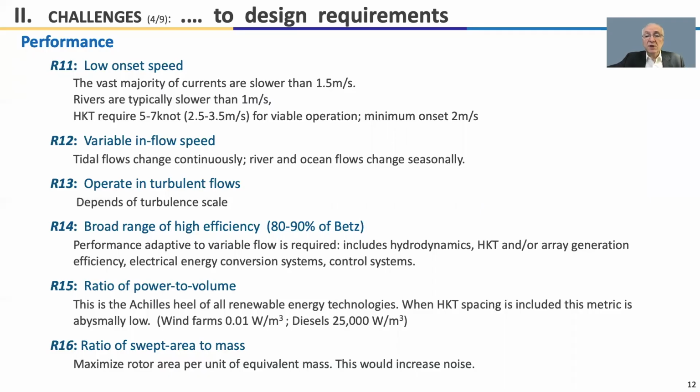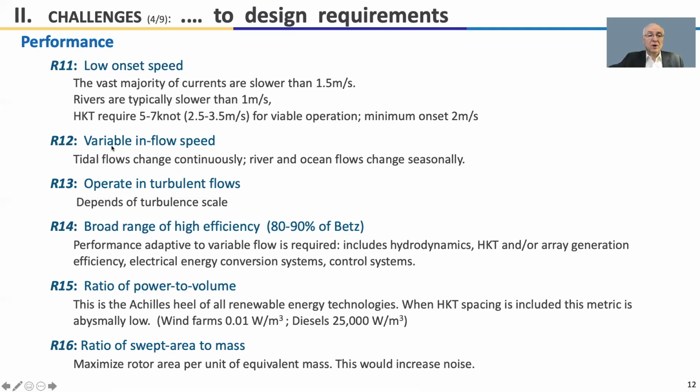Hydrokinetic turbines need a minimum of 2 meters per second, and preferably 5 to 7 knots, that is 2.5 to 3.5 meters per second, to be financially viable. There are only 7 places in the United States where we have such high speeds. Of course, there are other places in the world, like the British Channel, southwest Korea, where there are high speeds, but basically those places are few.